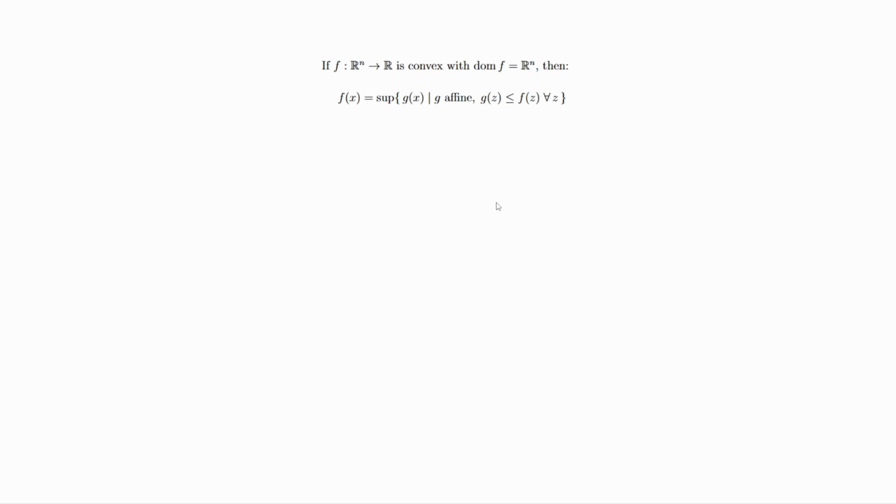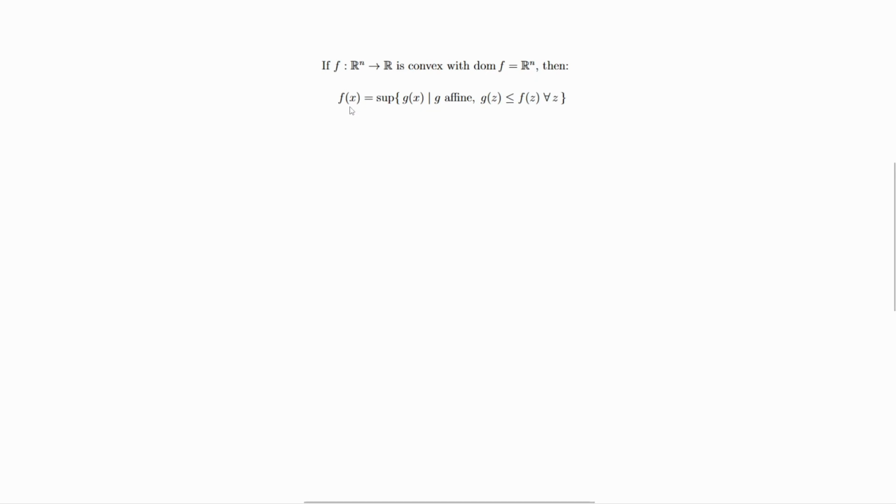Lastly, I'd like to talk about a theorem that I found really cool, which is a characterization of convex functions. What it says is that every convex function, with mild conditions here, can be written as the pointwise supremum of affine functions. So more concretely, it says that, let f be convex, with the domain of f being R^n for some n.